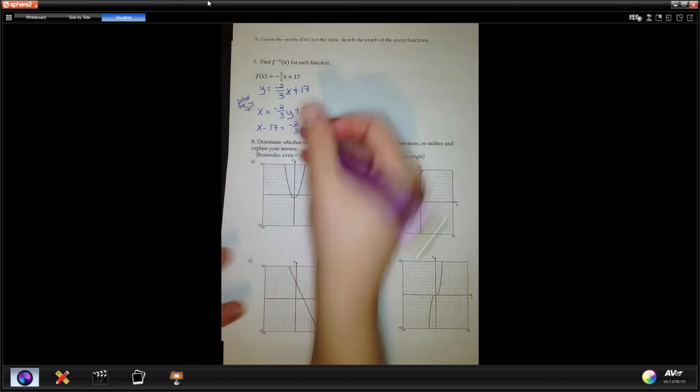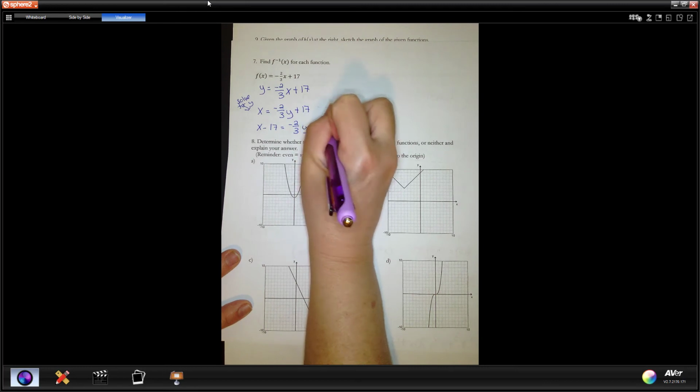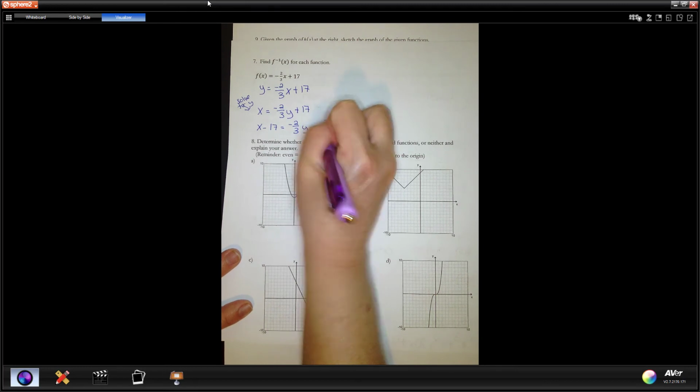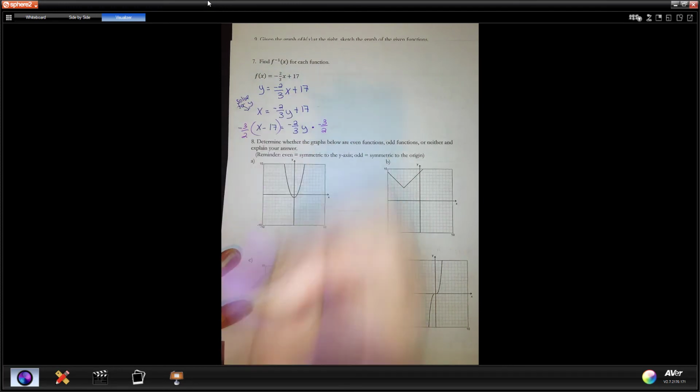I'm going to go ahead and multiply by the reciprocal. So that would be negative 3/2. Multiply everything by negative 3/2. And now we're going to go ahead and distribute that.